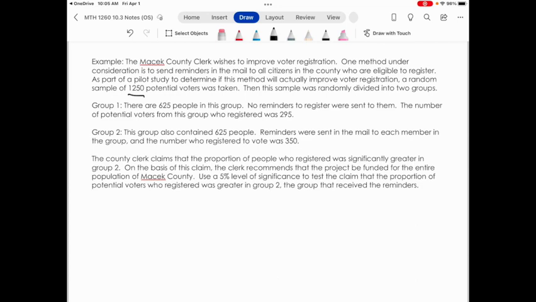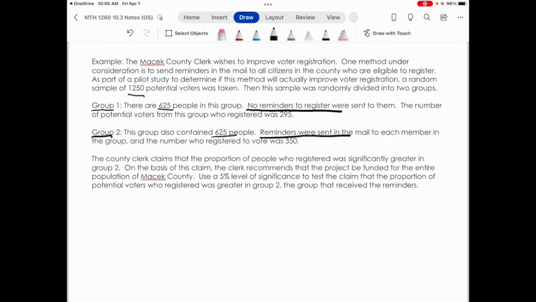Then the sample was randomly divided into two groups. So group 1 had a sample size of 625, and group 2 also had a sample size of 625. In group 1, no reminders were sent, and in group 2, reminders were sent.